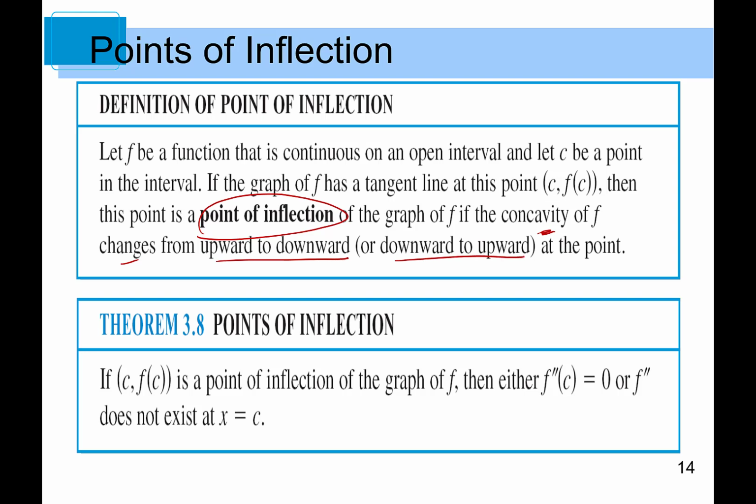Point of inflection theorem: if (c, f(c)) is a point of inflection of the graph of f, then either f''(c) = 0, or the second derivative does not exist at x = c, meaning it's undefined.